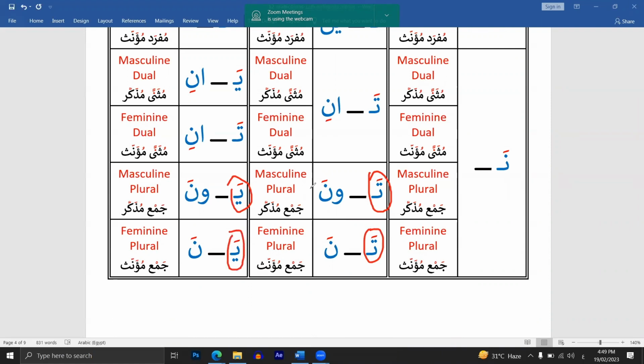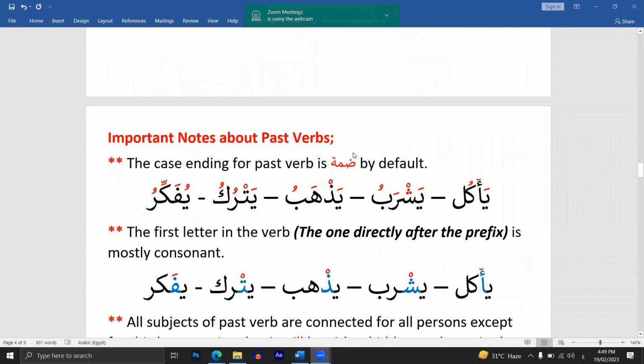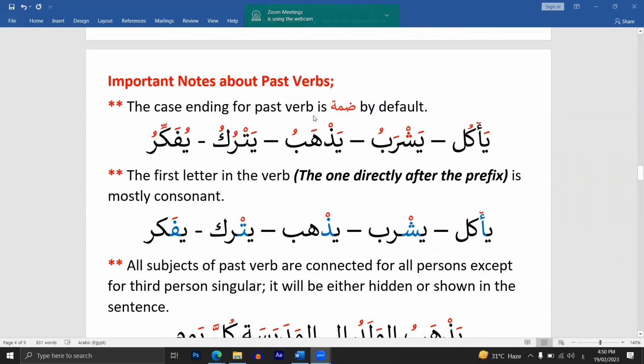This is the only difference between the conjugation of second and third person, plurals, of course. Okay. I have some notes about the present verb, the same as I did with the past verb. First, the case ending of the present verb.